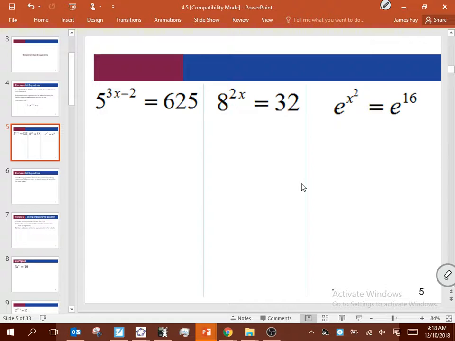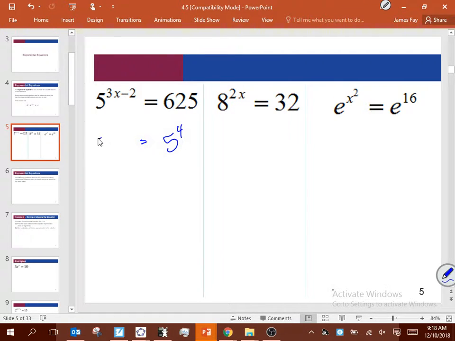Yeah, what is 625? How can I rewrite that so it has a base of 5? 5 to the 4th. Okay? Because 625 is 25 squared, isn't it? And 25 is 5 squared. So then give me 5 squared squared, which is 5 to the 4th.